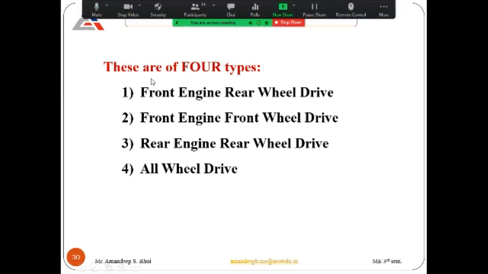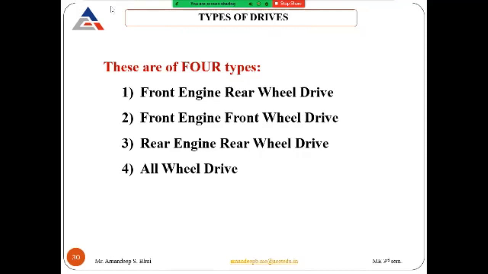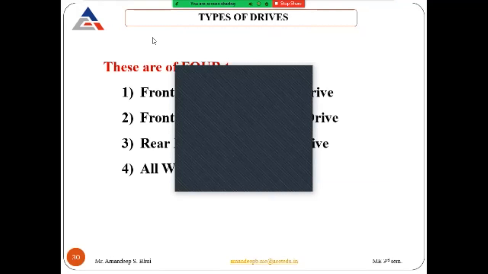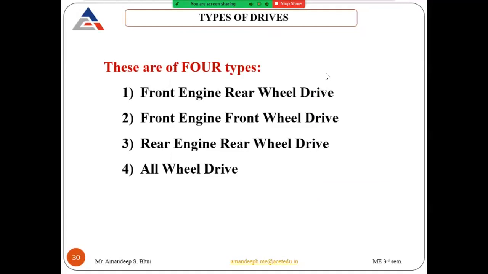Now we will discuss the construction and working. Depending upon where the engine is placed inside a vehicle, and the drive that is given to say the front wheels or the back wheels, there are four types of configurations normally used.